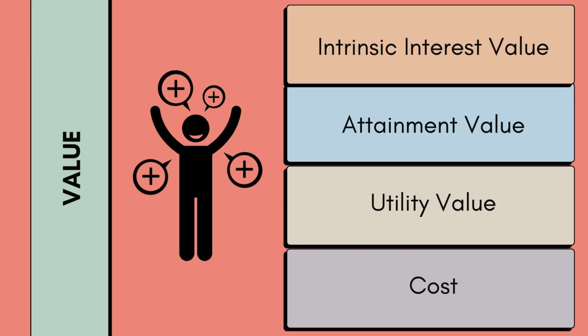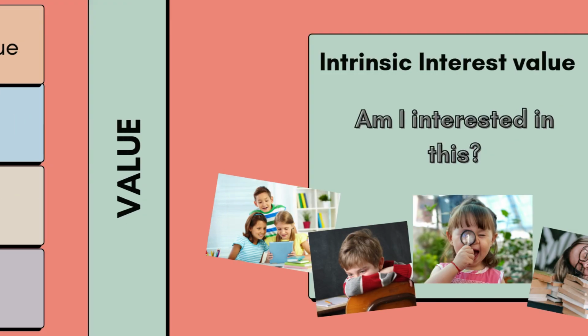The value part of the expectancy value theory can be broken down into 4 distinct parts: the intrinsic interest value, the attainment value, the utility value, and the cost.